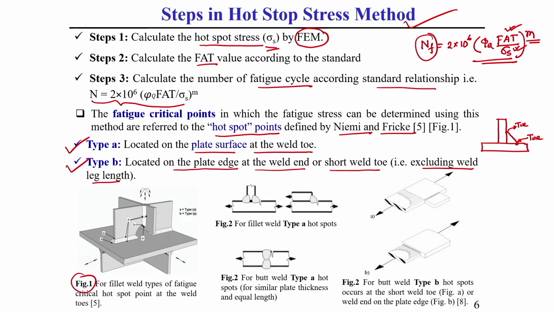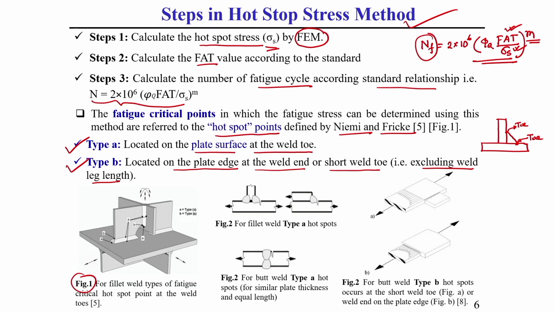Now, what is a type A weld toe and what is a type B weld toe point, that you need to know, that I am going to discuss. So, here you see, this is type A, once the weld toe is located on this plate, this big plate. Over this big plate you can see there are different types of weld, this is one weld, this is another weld.